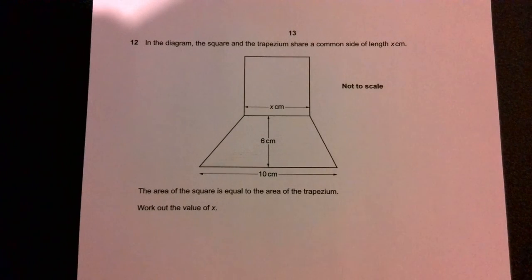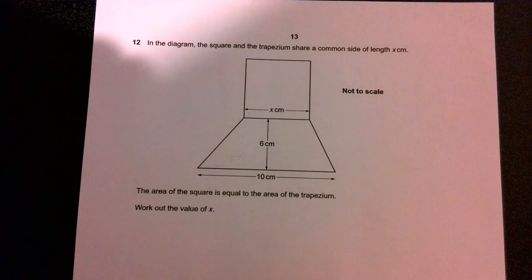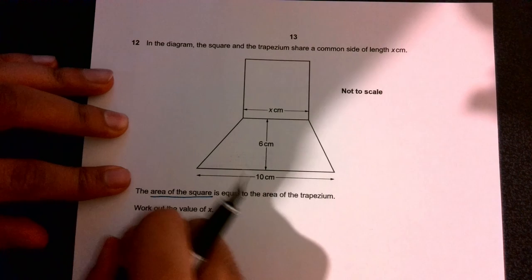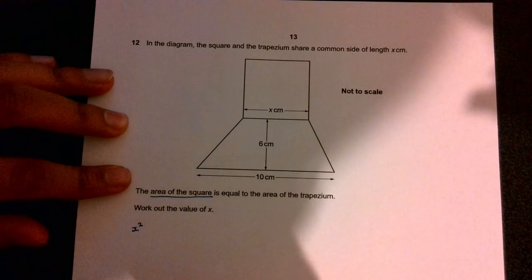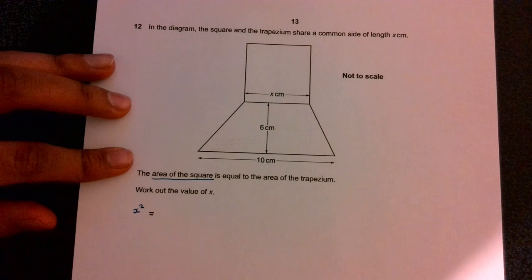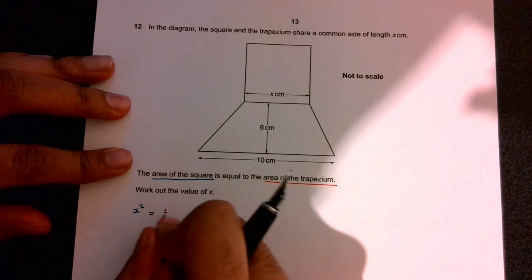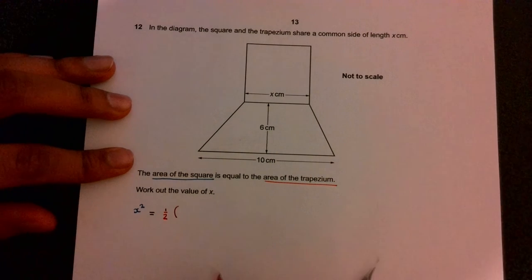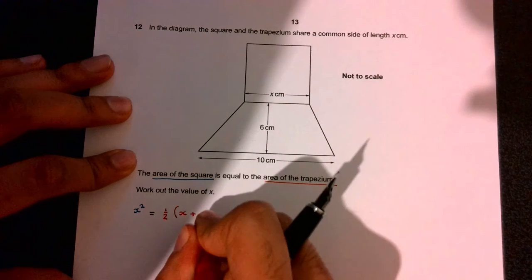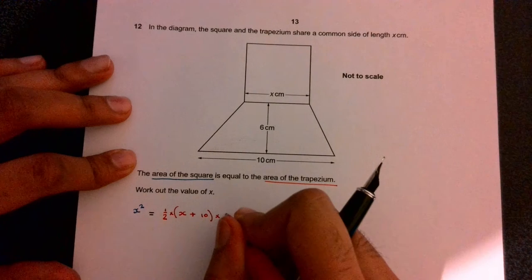Okay, now to work out the area of this square, that would be x squared. And we know that this is equal to the area of the trapezium. The area of the trapezium, well, we have a half times by the two parallel sides, x and 10, multiplied by the height, which is 6.